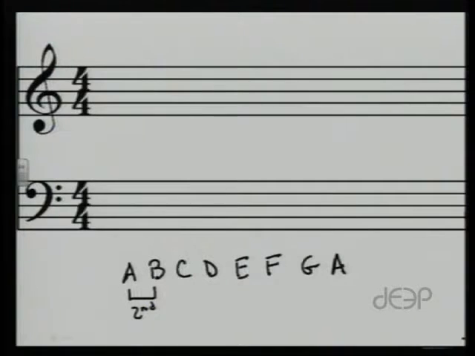Two adjacent letters form a second. Distance between E and F would also be a second, right? We can take a look at the distance between A and C, and that is a third. And you'll see this pattern very, very quickly. So from A to C is a third. Let's use another one. From F to A would also be a third.